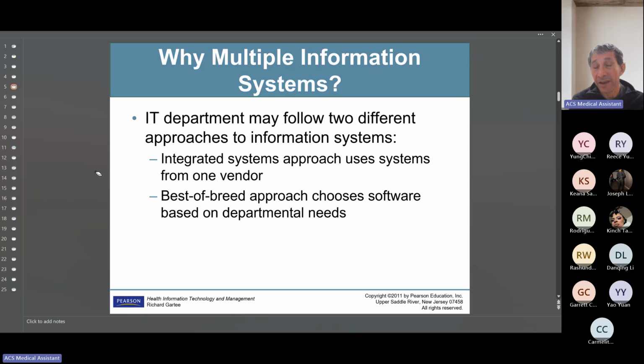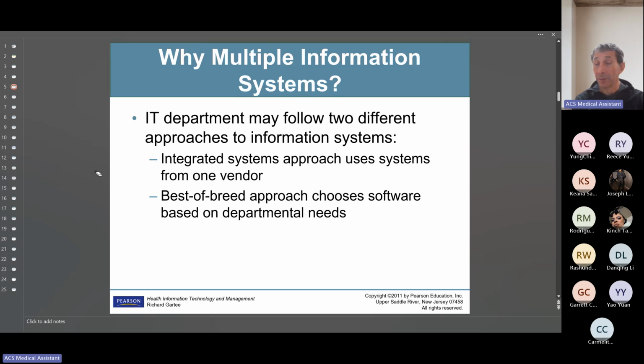I have to pay for it, yeah, but I have to pay anyways if I buy this separately. So that's basically what it is. So now we have different vendors, different manufacturer companies that create this software application, and these software manufacturer companies already know what the needs of the patients are.